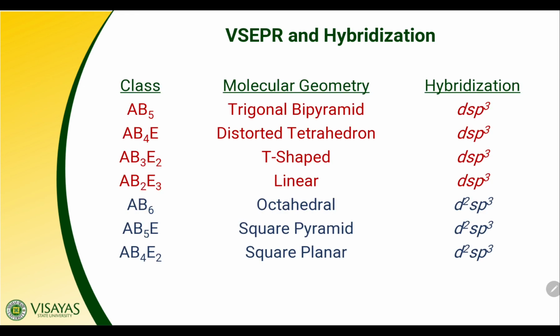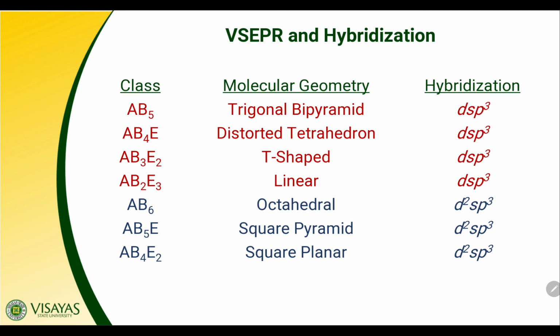For AB5 down to AB4E2, we have d orbitals involved.